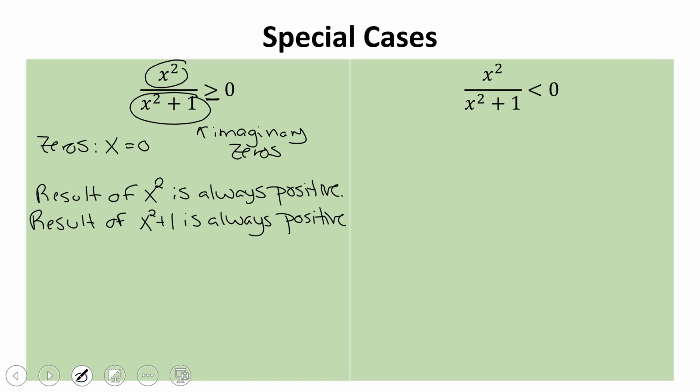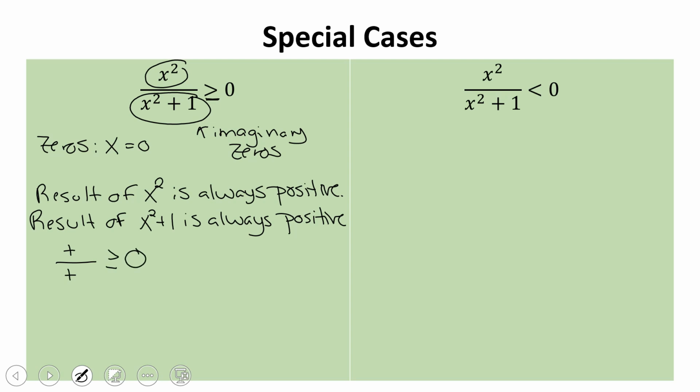0, when I plug in any number, my numerator is always going to be 0 or a positive. That denominator, the smallest value it could possibly be is a positive 1 after I've squared any number and then added 1 to it. So it's going to also always be positive. So I want to think about this result here.